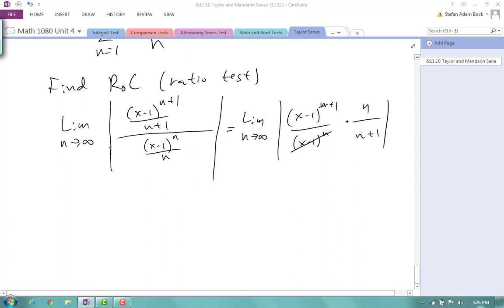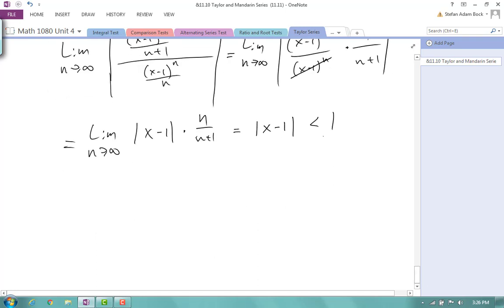These cancel. Those don't cancel. Giving me the limit as n goes to infinity of absolute value of x minus 1 times n over n plus 1, which implies that absolute value of x minus 1 should be less than 1. So there's my radius of convergence.